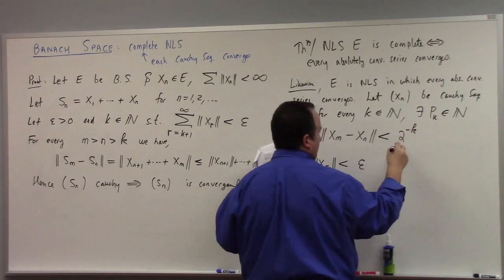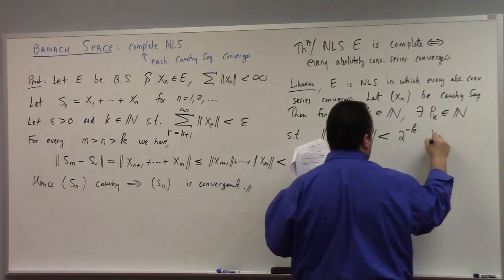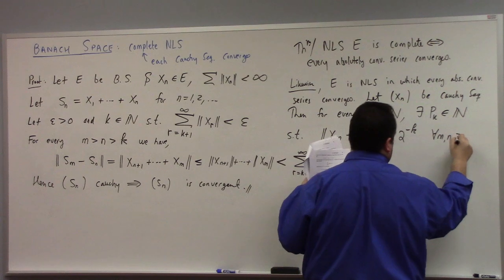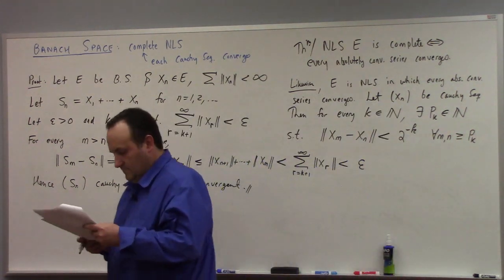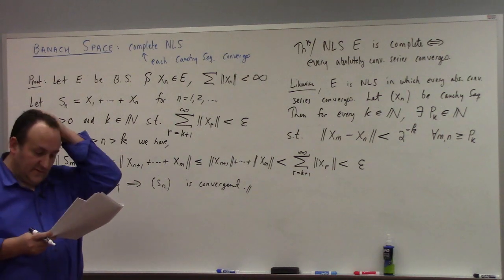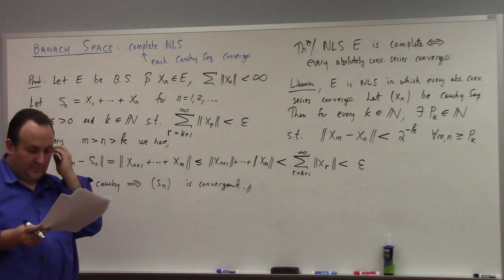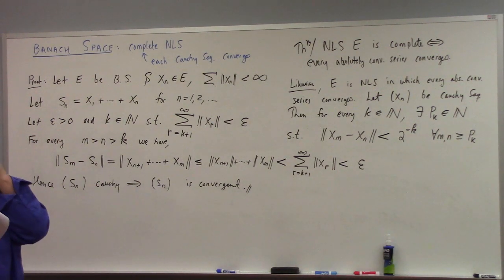When is that happening? That is for all m and n bigger than or equal to that p_k. All right, he says, without loss of generality, we can assume that the sequence p_n is strictly increasing.